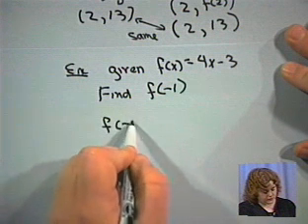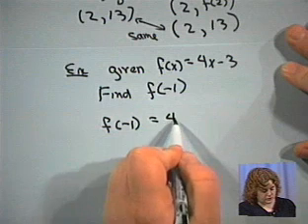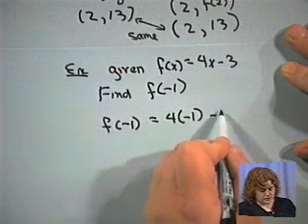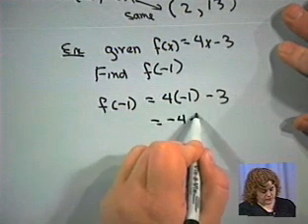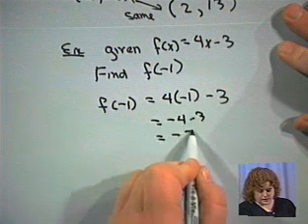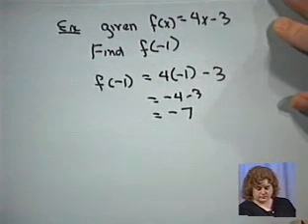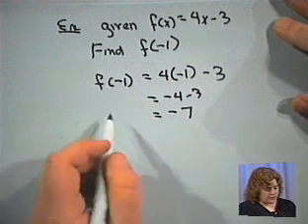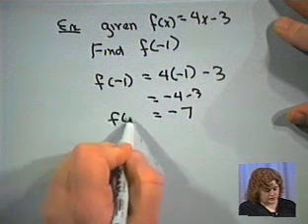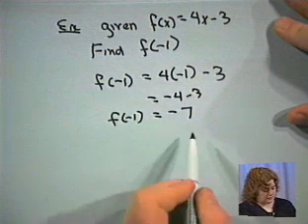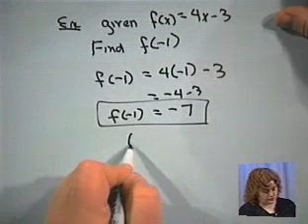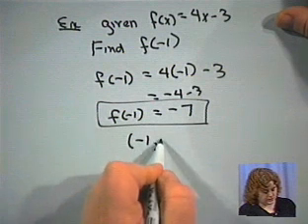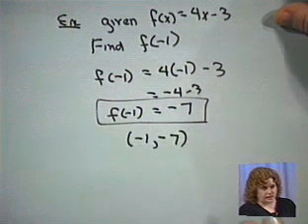Everywhere we have an x, we'll put in negative 1. So we'll have 4 times negative 1 minus 3. And that's going to give us negative 4 minus 3, which is a negative 7. We have evaluated our function. F of negative 1 is negative 7. That's the y-coordinate we would graph, and our ordered pair, if we chose to graph it, would be negative 1, negative 7.